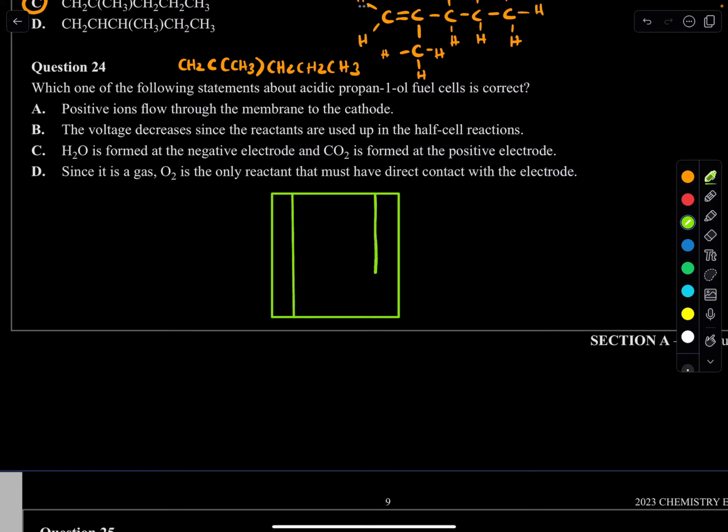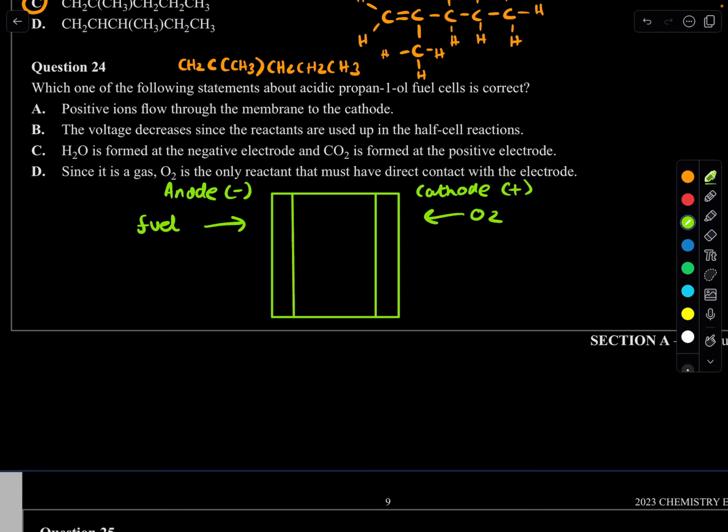So we have, of course, these 2 electrodes here. Let's call this the cathode, which is the positive terminal, and we have the anode, which is our negative terminal. Normally at the anode is where the fuel is supplied, so your propan-1-ol. And at the cathode is where oxygen gas is pushed.